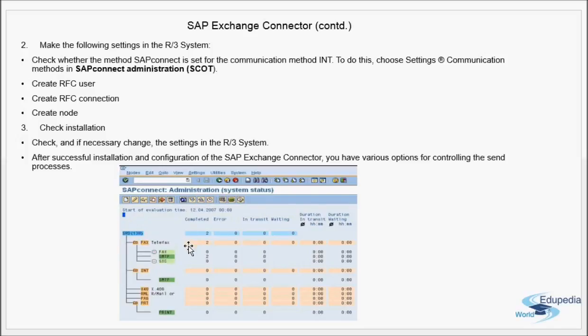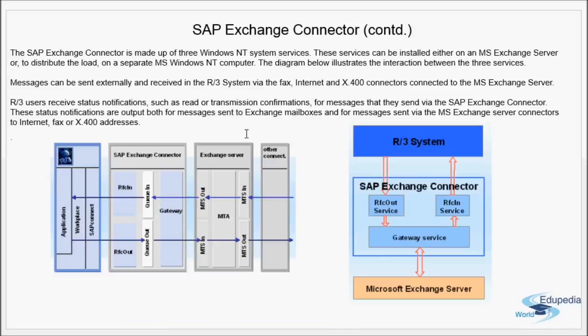Now after successful installation and configuration of the SAP Exchange Connector, you have various options for controlling the send process. When an SAP system is initially built and you want to communicate to fax or internet or the MS Exchange server, first you install and configure the SAP Exchange Connector.